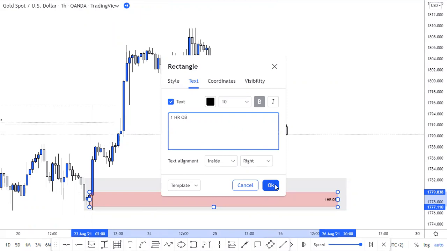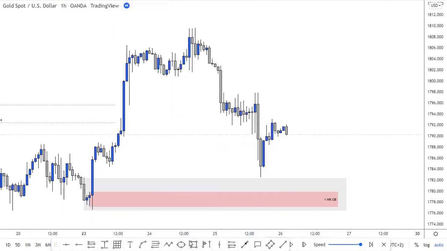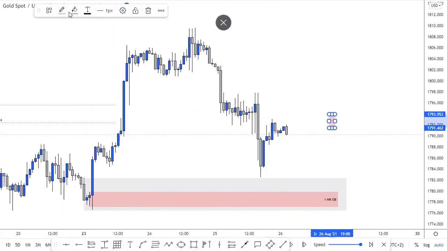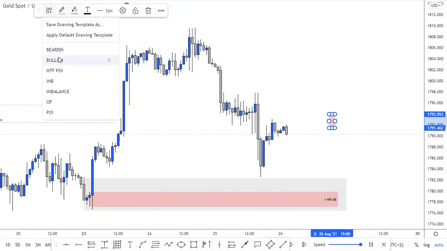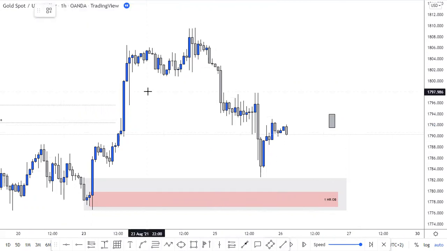Why is it our order block? Because in your experience trading smart money, you were told that an order block is the last bearish candlestick. If you're trading a bullish order block, it's the last bearish candlestick before a push to the upside.